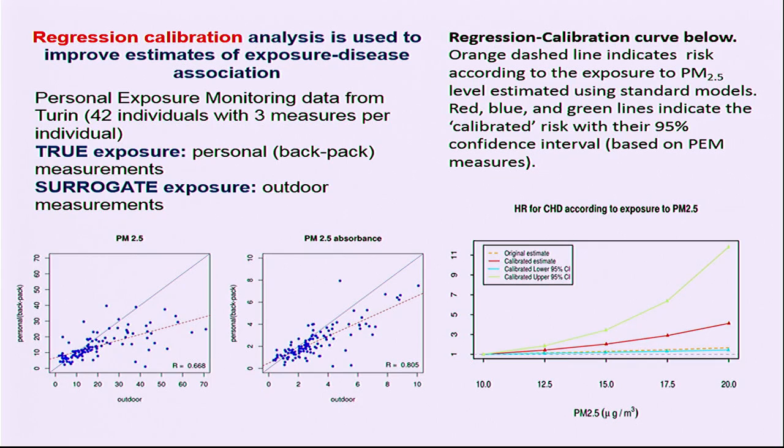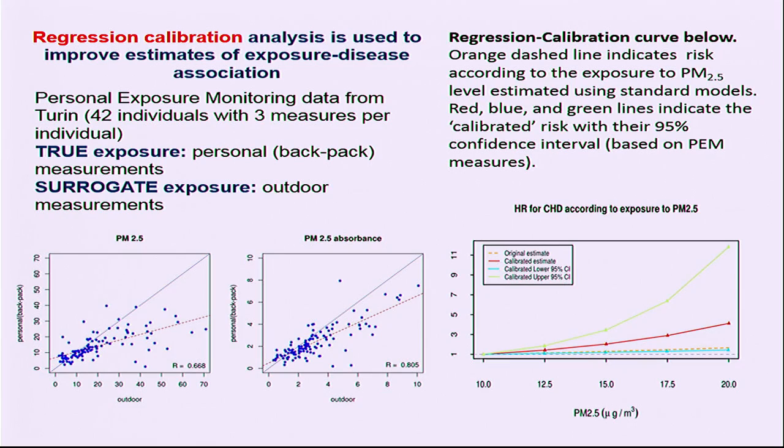So one way to overcome this limitation is to improve exposure assessment in a subset and then use these measurements for calibration of the association estimates in the larger cohorts. For example, in this case, we collected personal exposure monitoring data on PM2.5, but also ultrafine particles, with backpacks used by 42 individuals in Turin, but overall they were 200 in Exposomics.